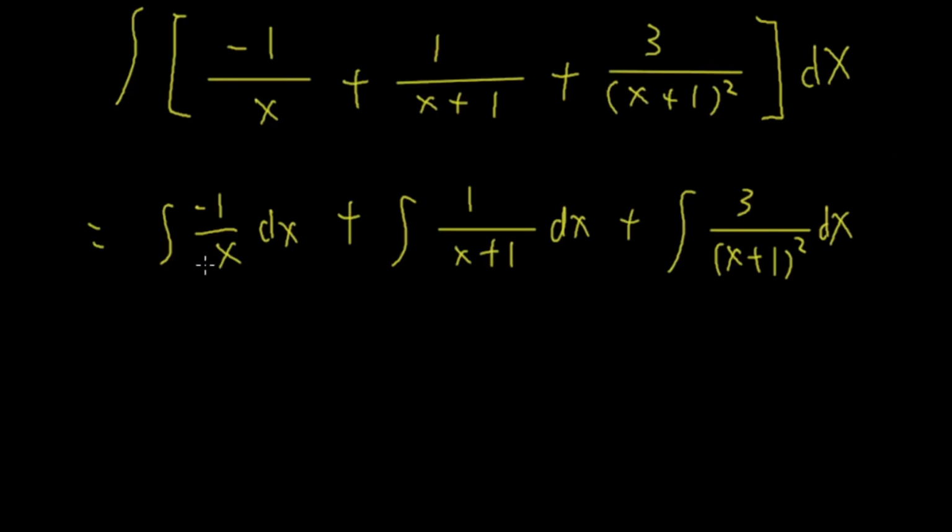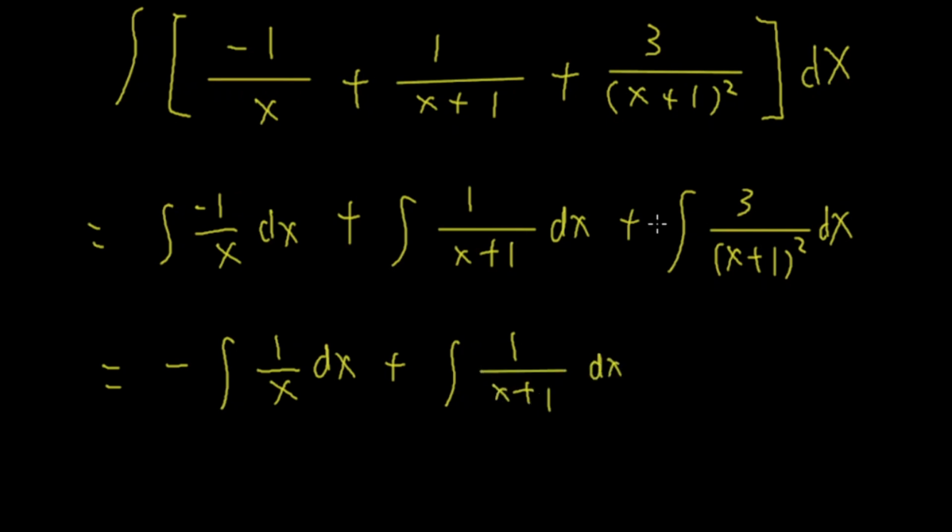Look at this here. This is a constant negative 1. We can just pull it out of the integral. So that is negative integral 1 over x dx plus, same thing, 1 over x plus 1 dx. Now, constant 3, pull it out, plus 3 times integral of 1 over x plus 1 all squared dx.